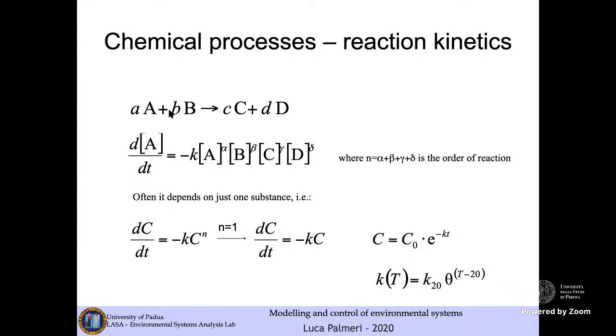You may write a chemical equation by writing that the stoichiometric coefficient small a multiplies capital A, that is the concentration of substance A, plus stoichiometric coefficient small b times capital B, that is the concentration of substance B. After a chemical reaction, they get transformed into two other molecules, C and D, whose proportions are described by the stoichiometric coefficients small c and small d.